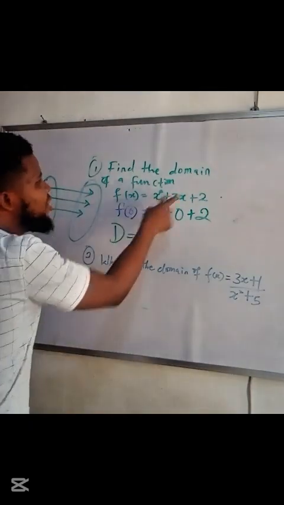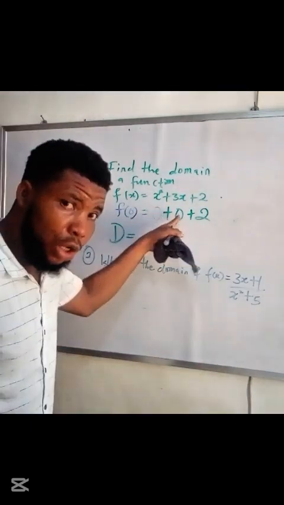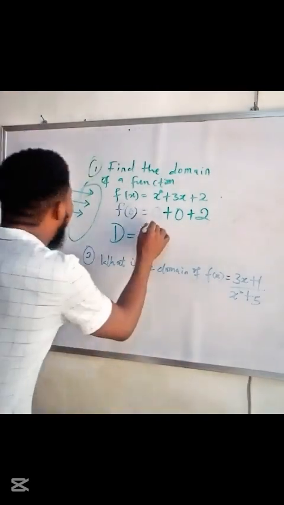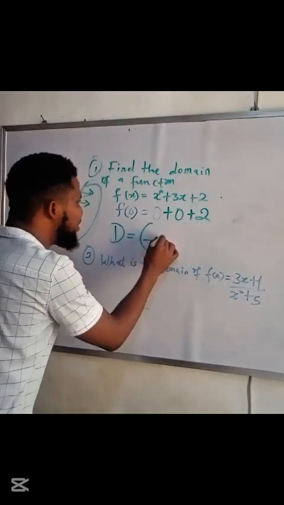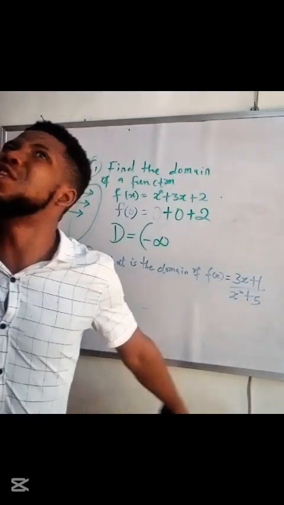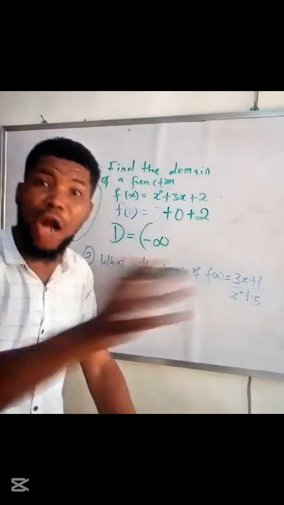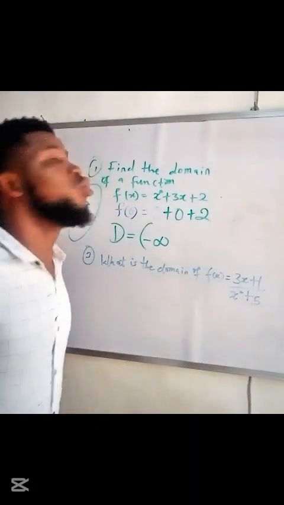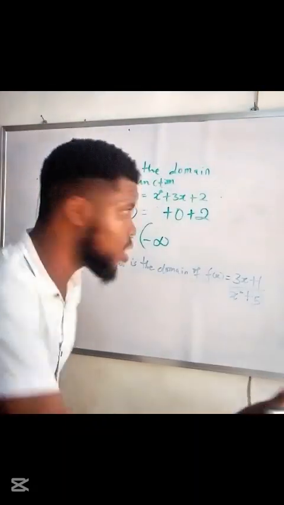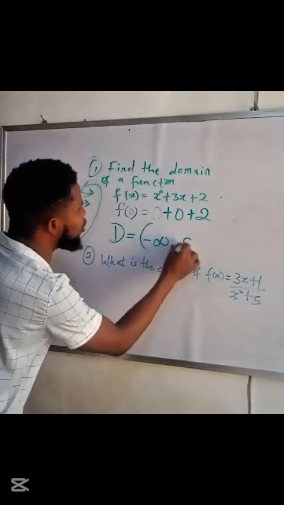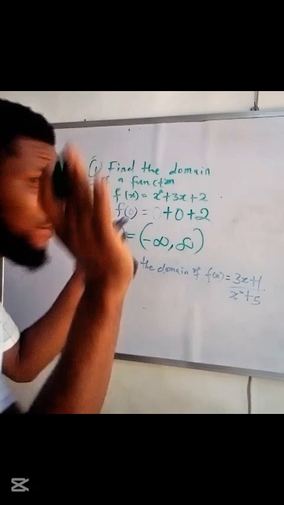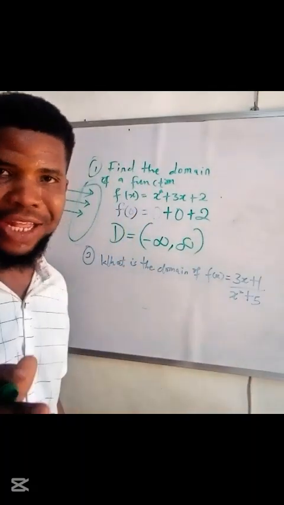So, since there is no number I'm going to put inside to get 0, it means that my domain starts from negative infinity, all the negative numbers, 1 million, 3 million, all the negative numbers, to positive infinity. So negative infinity to positive infinity are all part of my set, because if I put any number at all, I'm not going to get 0.